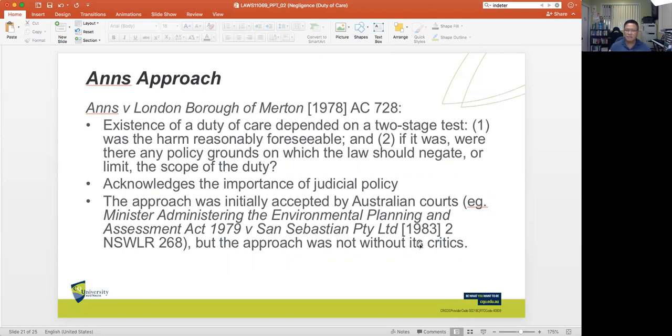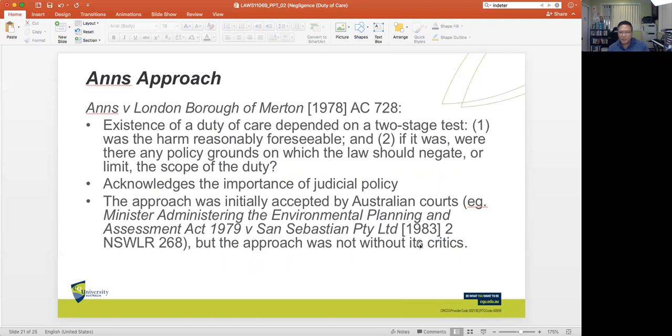So in the case of Anns versus London Borough of Merton, there was a claim on the part of the plaintiffs that this particular local council had the responsibility to examine the structure and any potential structural defects of a building. And because of their failure to properly examine the structural defects, harm had been caused to the plaintiffs.